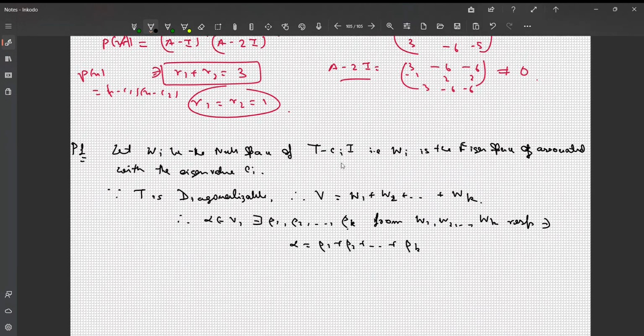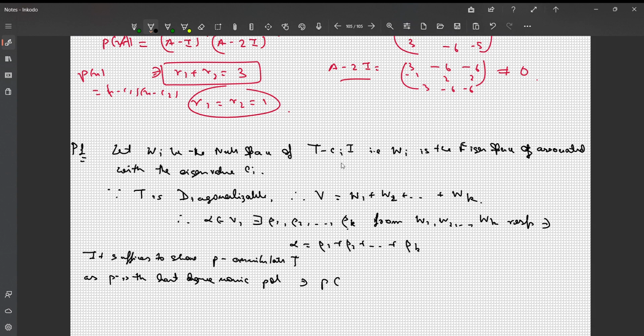So it suffices to show P annihilates T, as P is the least degree monic polynomial such that P of c equals 0 if and only if c is an eigenvalue of T. So just check that.